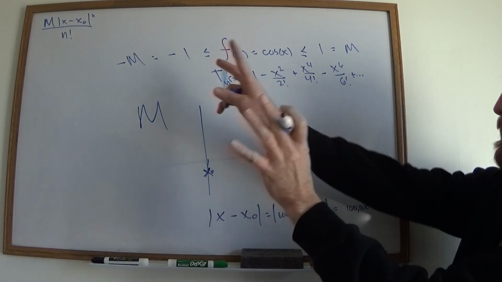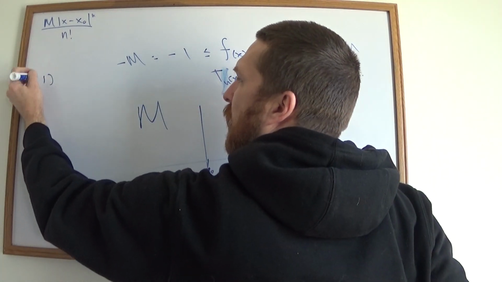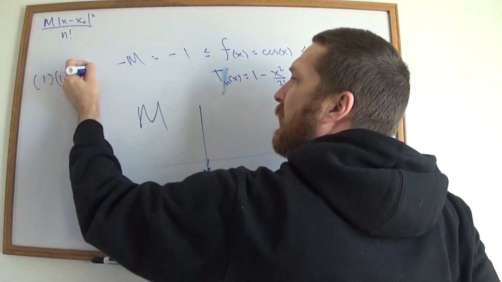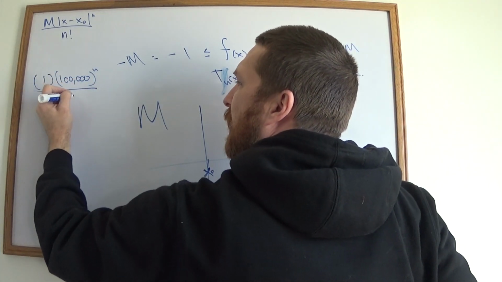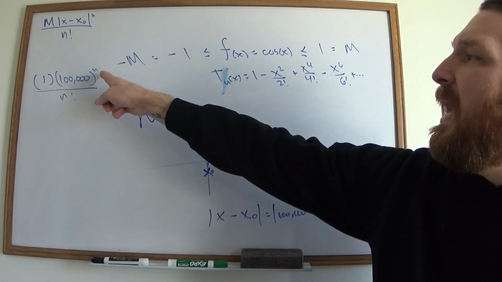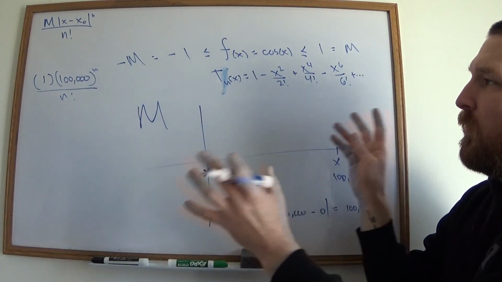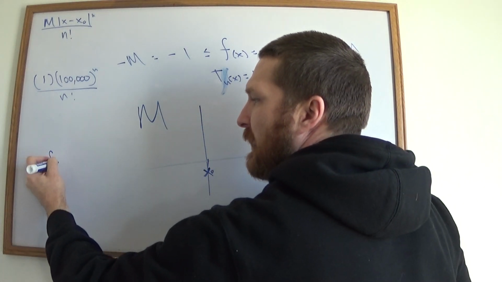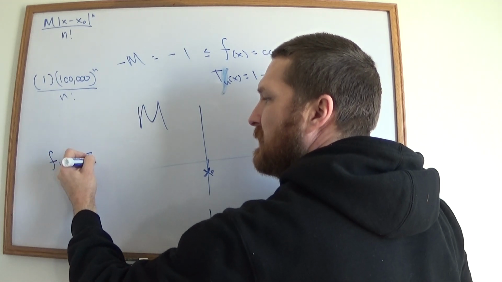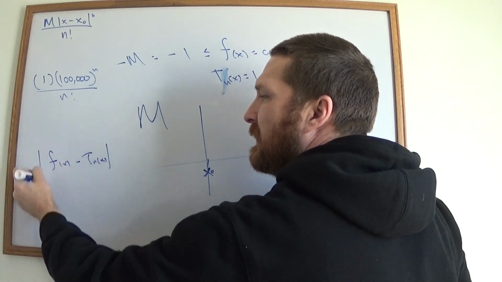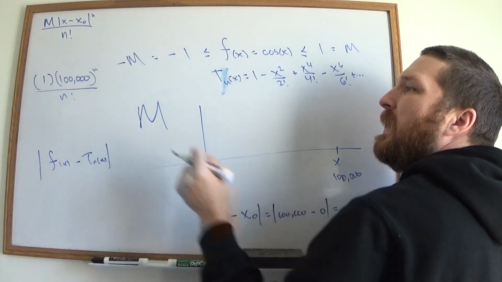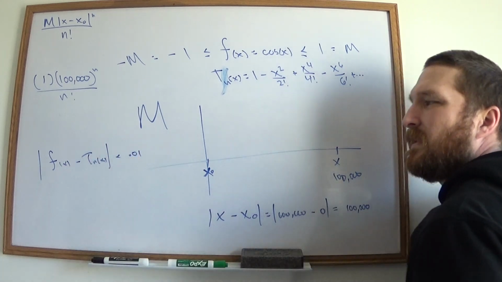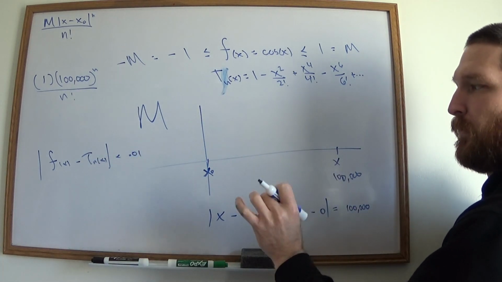Okay, so now my setup, I have my m is 1 times 100,000, and I'd want to know what n do I have to take in order to make this smaller than some tolerance, right? Like I have my f minus my Tn, and I'm saying I want to guarantee that even all the way out there at 100,000, this is less than like 0.01. I want it to be within 1/100th of the truth, right?